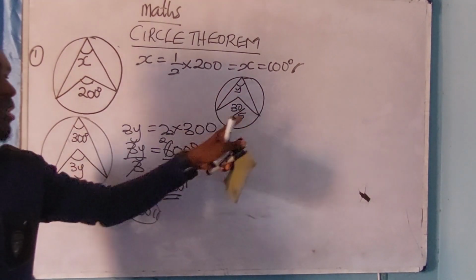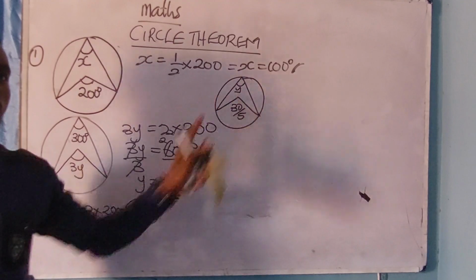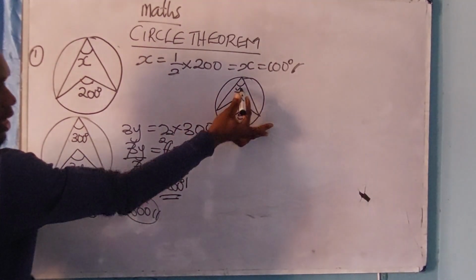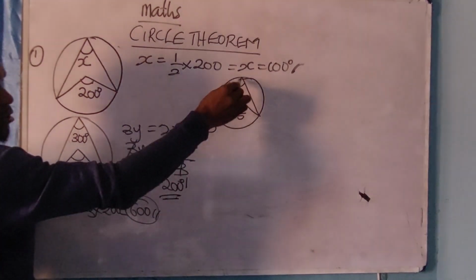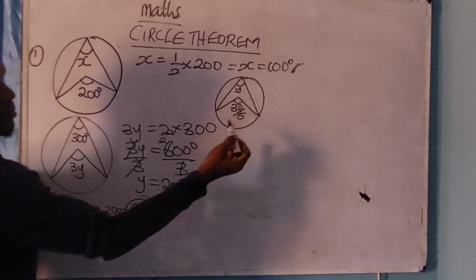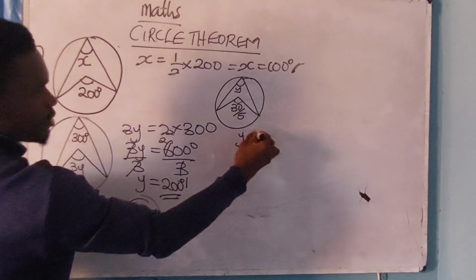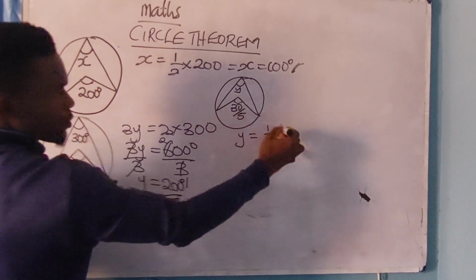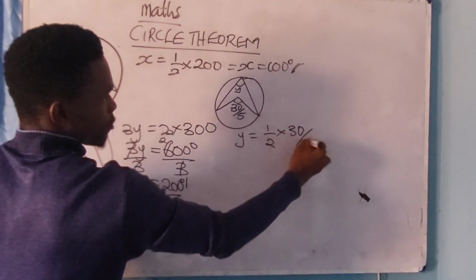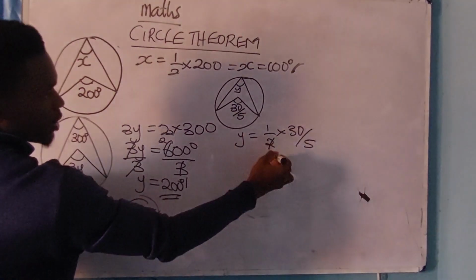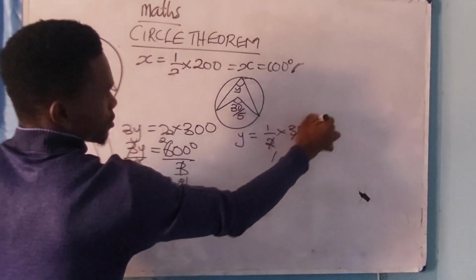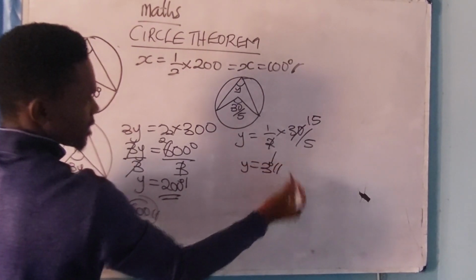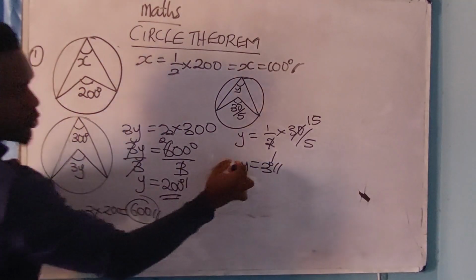No matter how complex the figures or diagrams may look, if you know the rule, you will not be confused. The angle at the circumference is half the angle at the center. To look for the value of y, y equals half the angle at the center. The angle at the center is 330 over 5. 2 into this is 165. Therefore, y is equal to 33 degrees. That is it. It is very simple. Just know the rule.